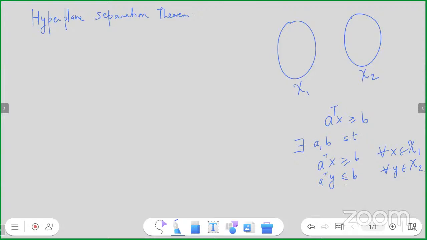We want a counterexample. We want to show that such a thing is not possible, that what you're asking for is too much. So we're asking for a counterexample where you produce two convex sets such that they are disjoint, but you cannot produce a hyperplane which will strictly separate them.